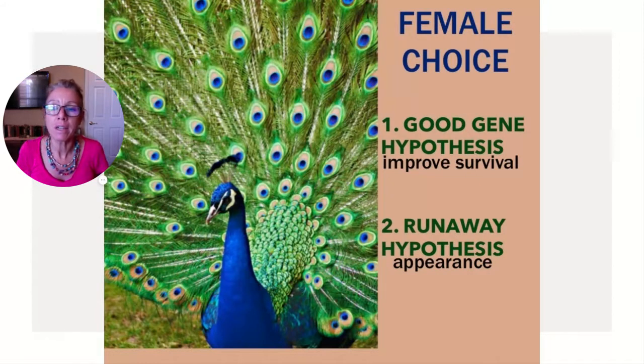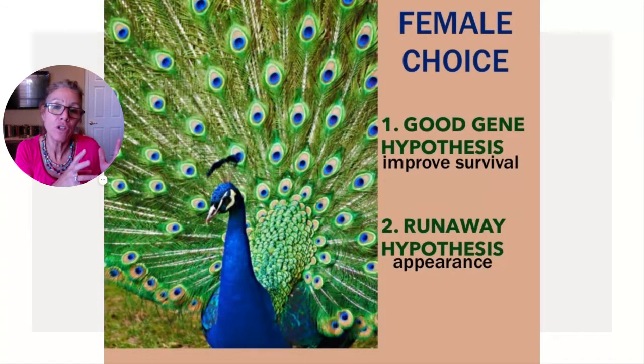Also, if this peacock is able to escape a predator, maybe he too has good genes. So maybe it overlaps just a little bit, but it has certainly been selected for things like birds to have these wild dances and songs they do in order to get some sort of female.